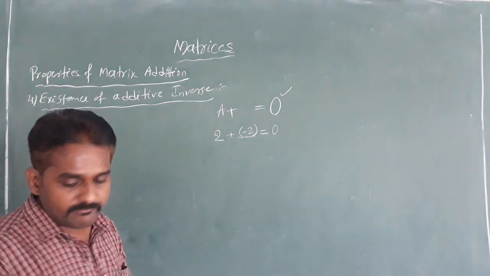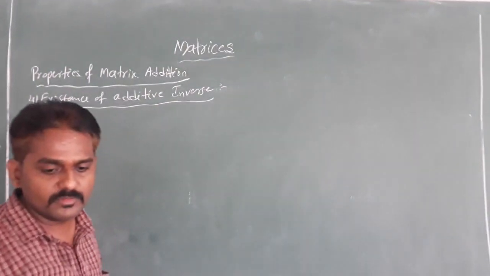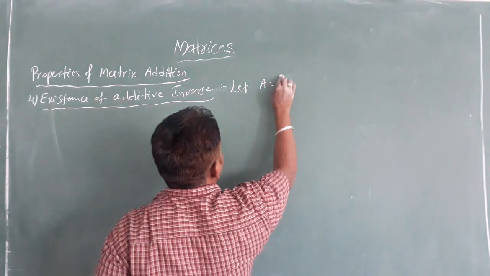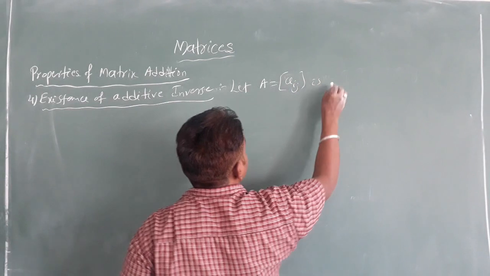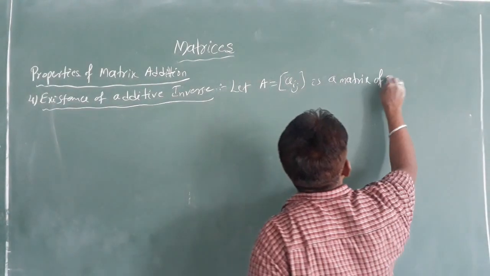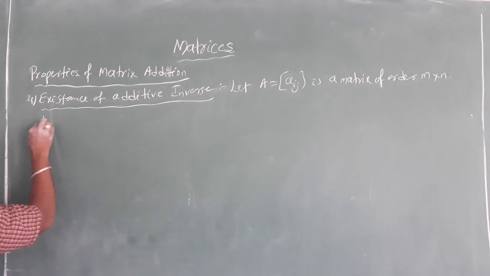Likewise, if you have the matrix A, let A equals Aij be a matrix of order m by n.